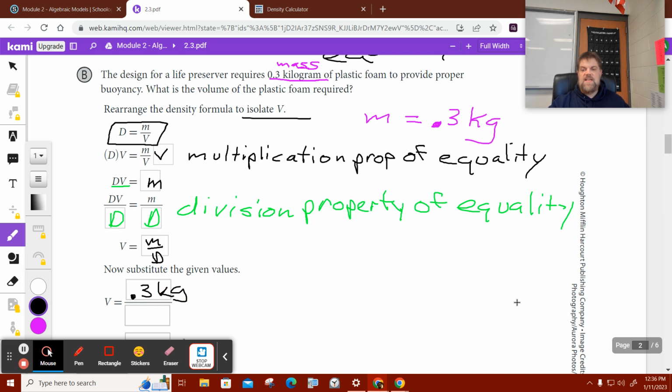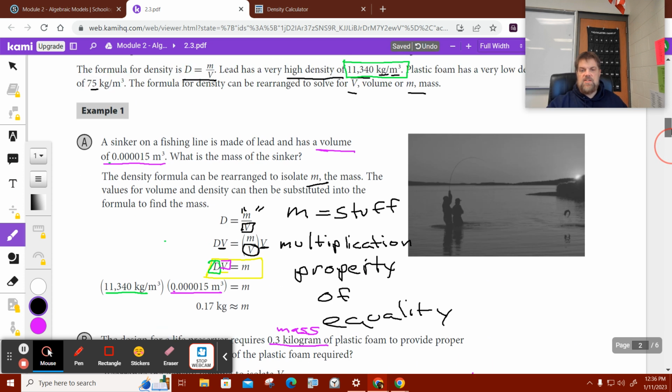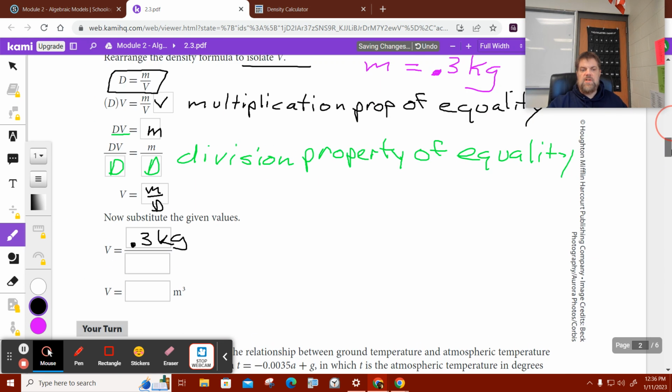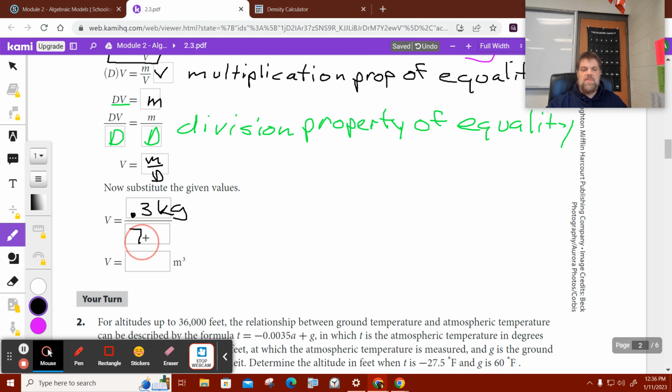And then what does D stand for? The density. Do we know the density of foam? Yep. It's 75 kilograms per cubic meter. So this is going to be 75 kilograms per cubic meter. The kilograms cancel, and I'm left with the cubic meters, which goes up to the top.